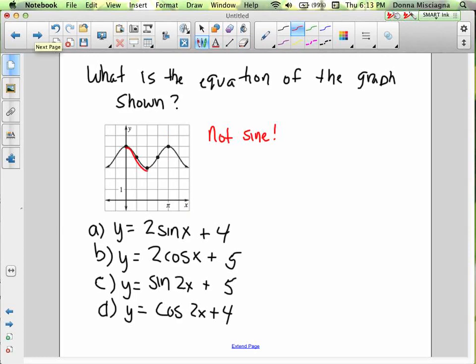There's nothing added to x. So that is 1 period of our graph. All right, so notice it starts here at 0, and it ends here at pi. All right, so the period, so this is definitely cosine.